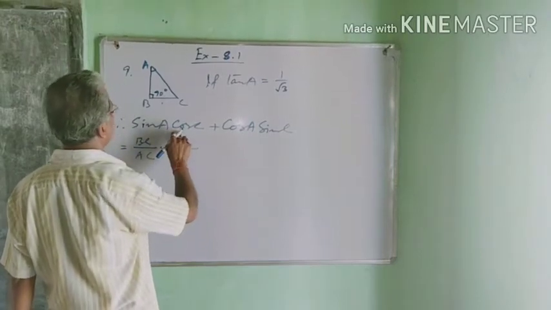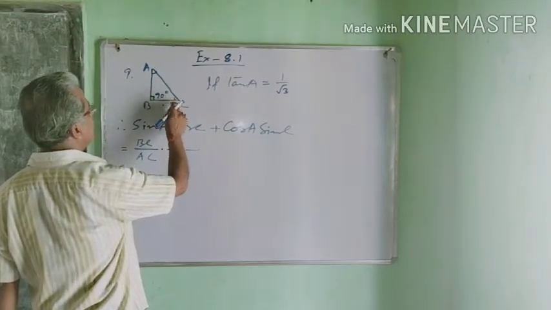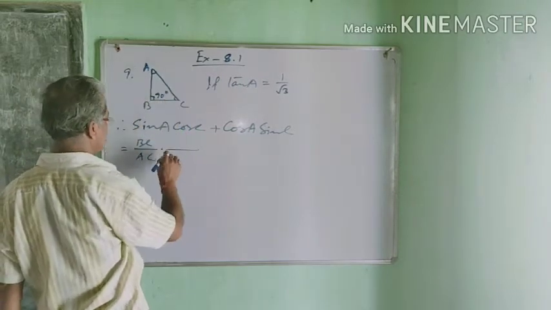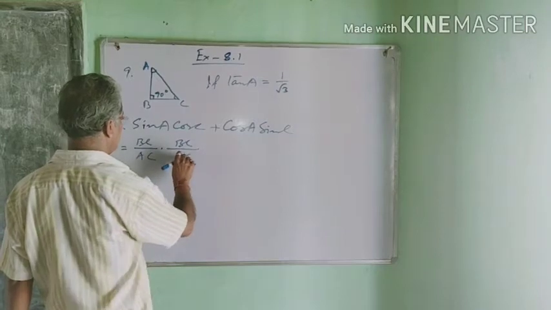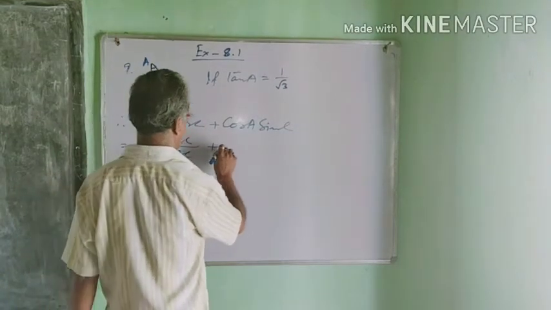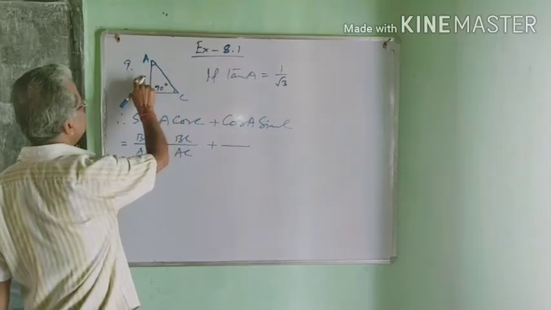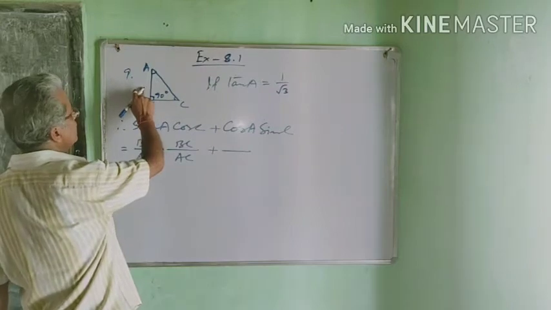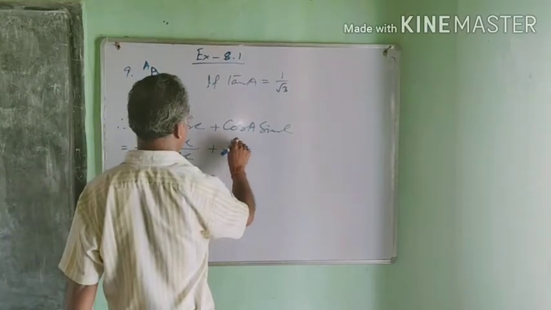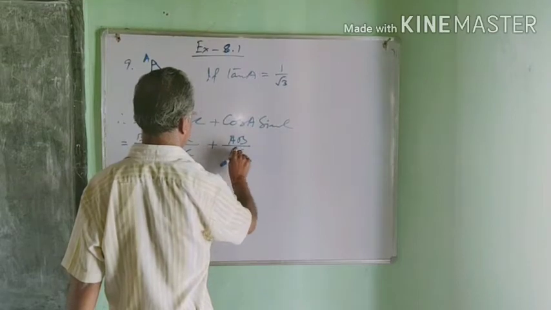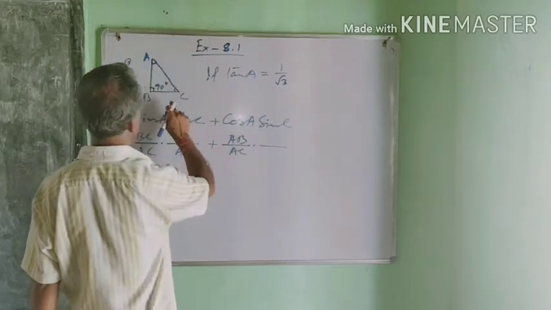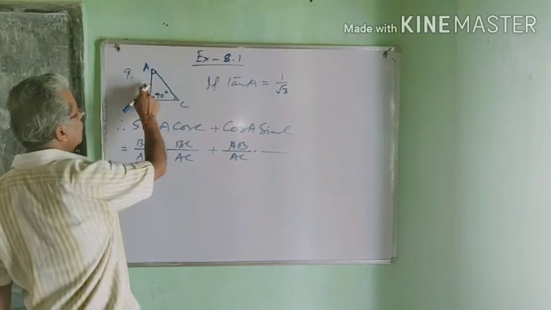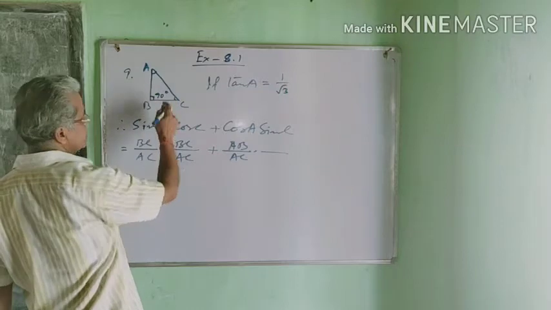What is cos C? This acute angle C, so this is base. Cos is base by hypotenuse, so BC by AC. Plus cos A. Again, with respect to angle A, this is the base. So AB by AC. Base to hypotenuse. And sin C, with respect to this acute angle C, perpendicular to hypotenuse is sine, so AB by AC.